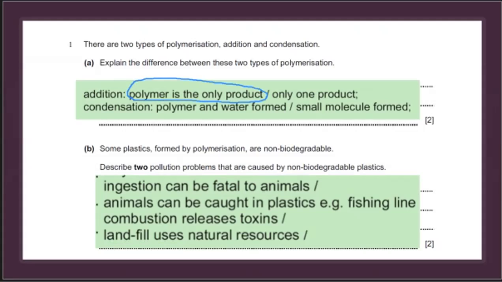The double bond of the alkene is broken, and that polymer that is formed is the only product. With condensation polymerization, normally a small molecule other than the polymer is also formed. So you normally get the polymer plus water, or the polymer plus HCl, or the polymer and something else. In condensation polymerization, the polymer plus a byproduct is formed.